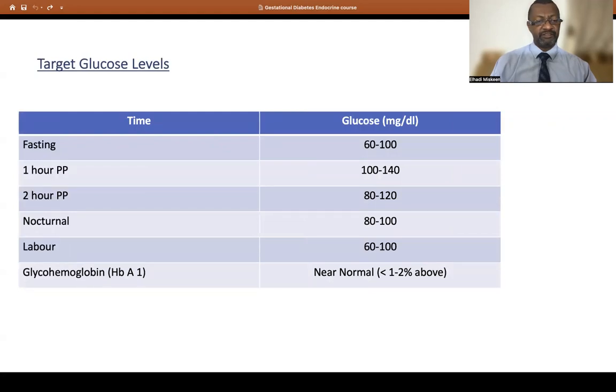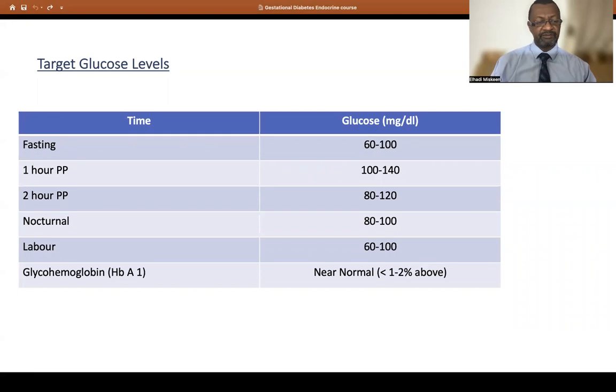As projected in this slide, the target glucose level in the fasting state should be around 60 to 100, with 1 hour and 2 hours postprandial and nocturnal targets different from each other. In labor also there are targets, and hemoglobin A1C should also be normal.